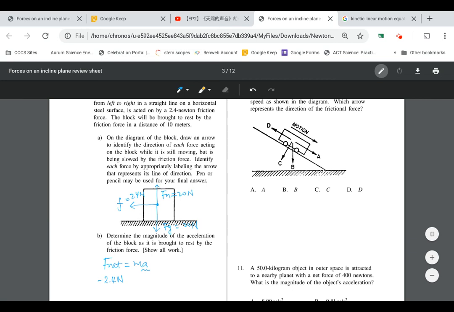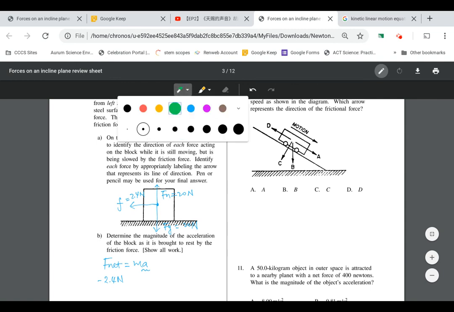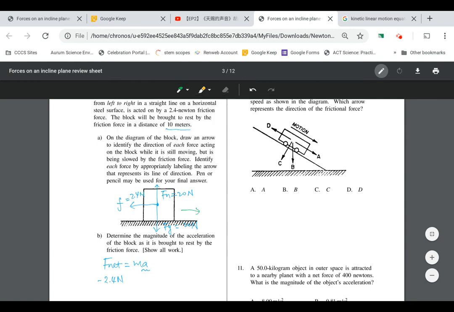And acceleration is a vector, so it is going to have a direction. And in the question, it tells us the block will be brought to rest by the frictional force in a distance of 10 meters. If we assume the 10 meters going forward is positive, then going backwards, friction will be negative. All right?